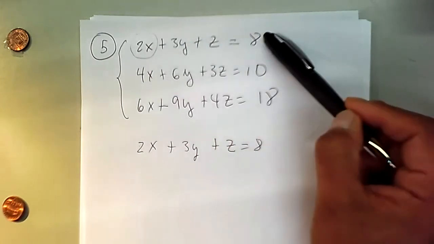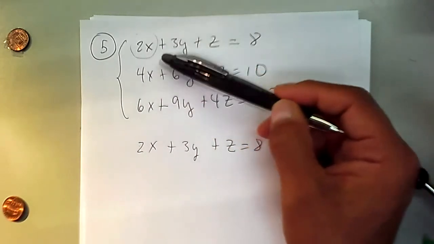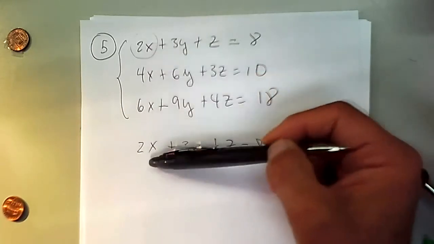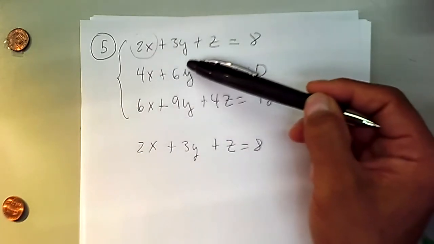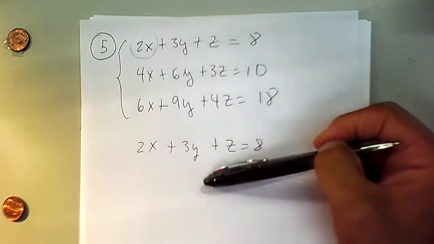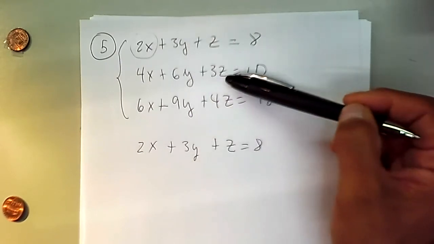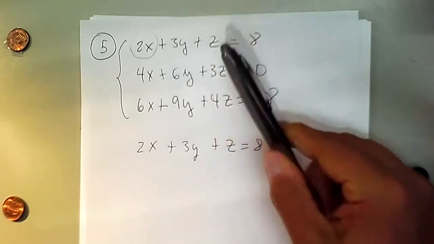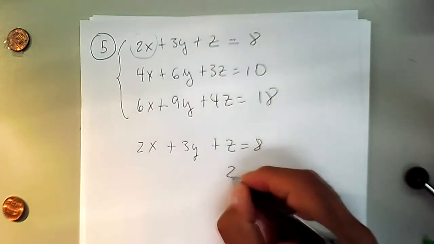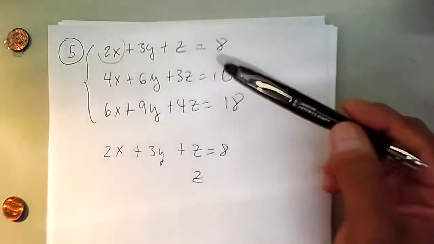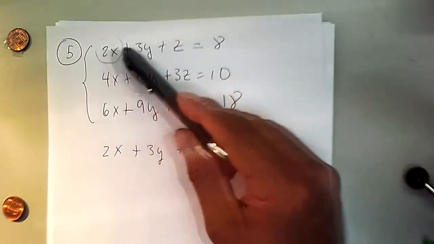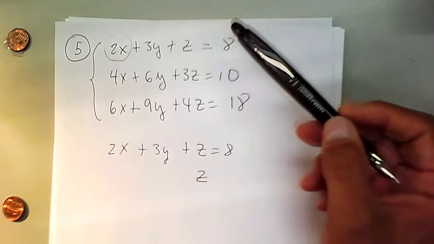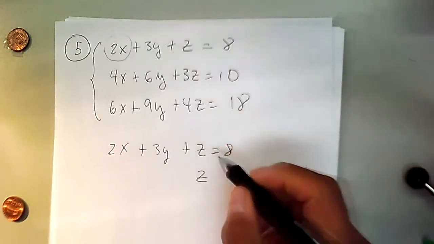So that is the first multiplier, and then we subtract. 4 minus 4, no x. 6 minus 6, no y. 3 minus 2, remember, we're multiplying this by 2. So 3 minus 2 is 1, z. And 10 minus 16, remember, we're multiplying this by 2. So 10 minus 16 is negative 6.